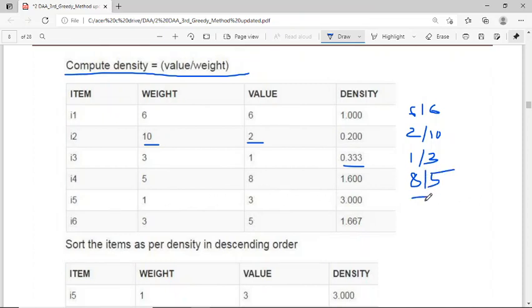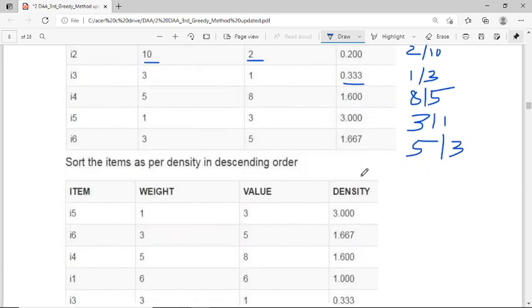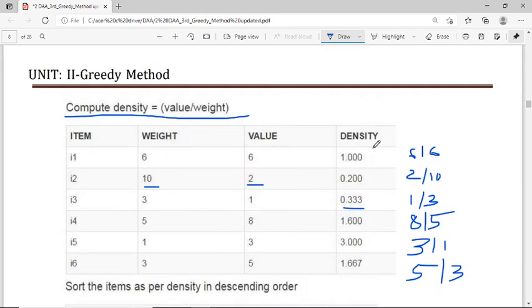Here 3 divided by 1. And this is 5 divided by 3. Okay, so we got the density. So we finish this first step, calculate value per weight for each item.